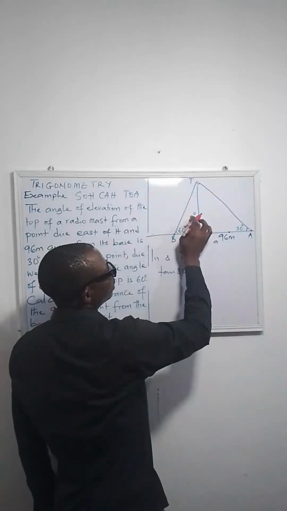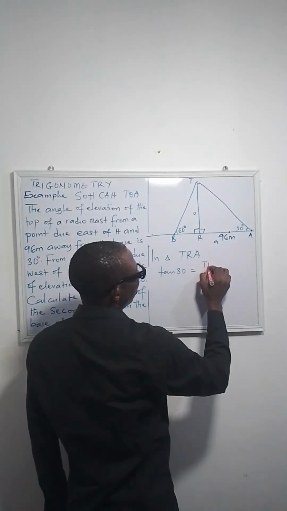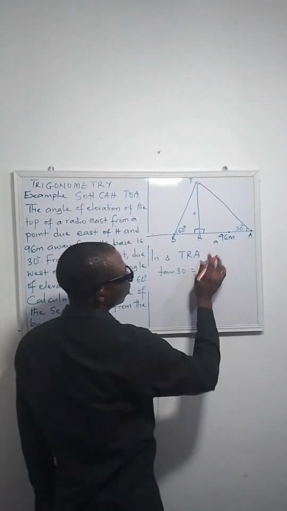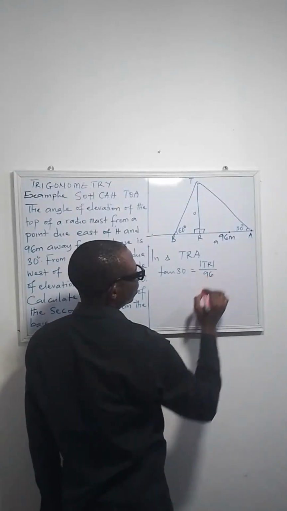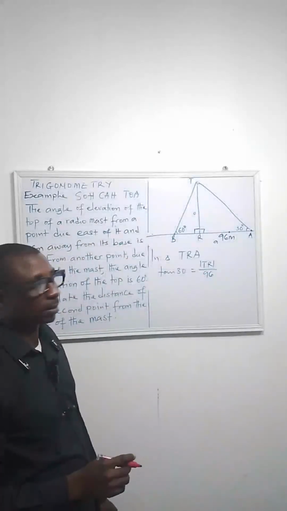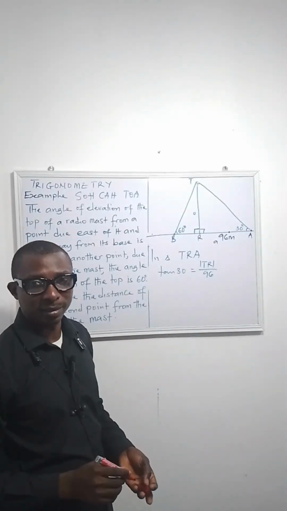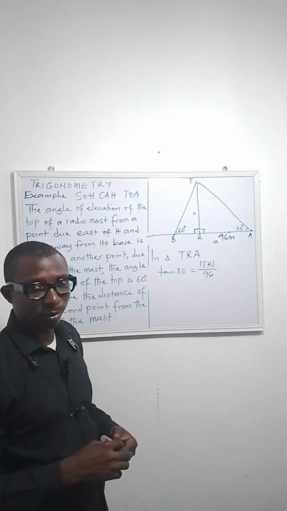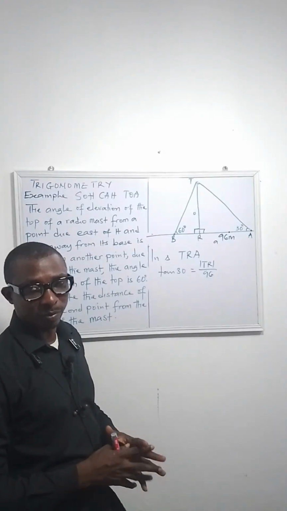Can you see that opposite here? Opposite is length TR. Adjacent is 96. And don't forget, what is tan 30? We discussed all the special angles in my last video.